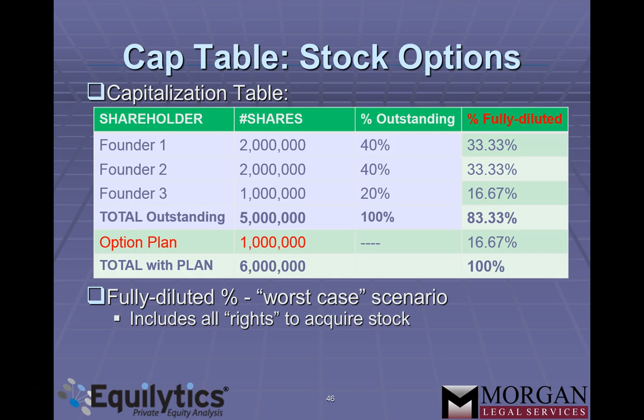So it's looking at a future worst case scenario where everything that's out there that's a right to acquire stock is exercised and part of the capitalization of the company.